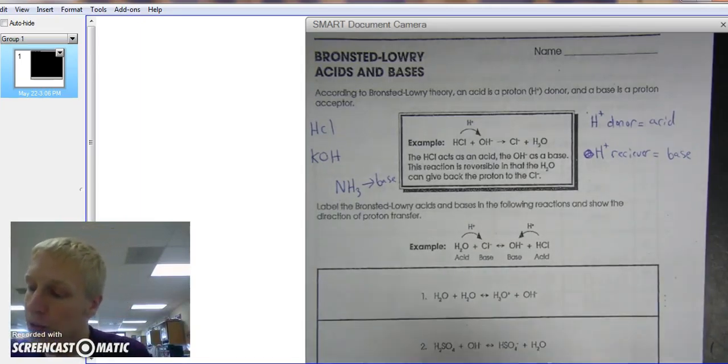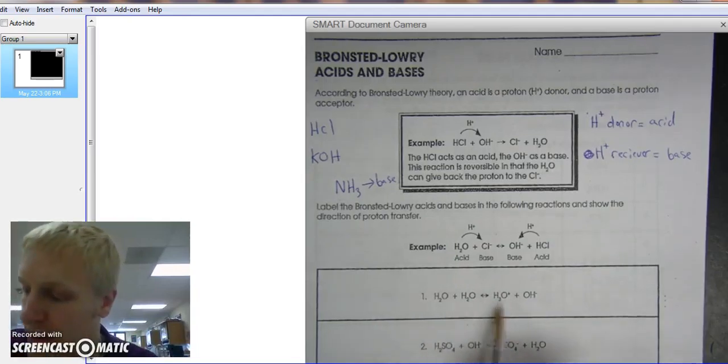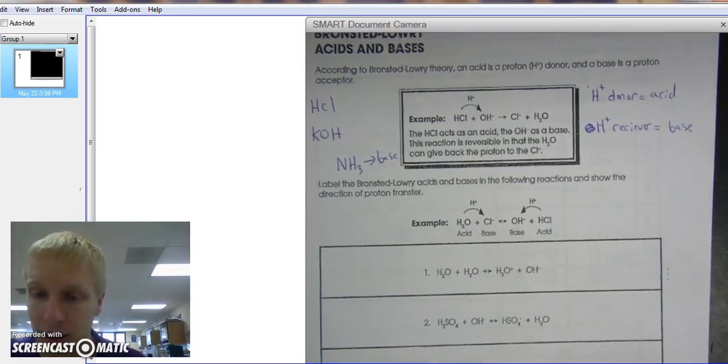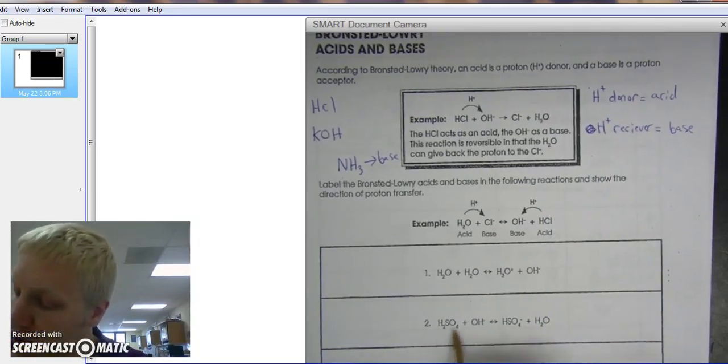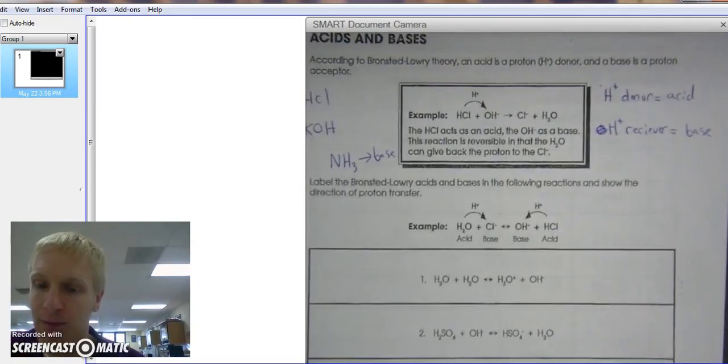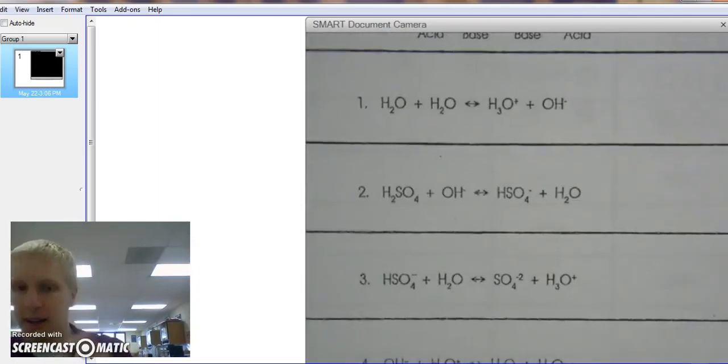Alright, so doing an example right here, why don't we start with number 2, since it's a little less confusing than number 1. Number 2, we have H2SO4 plus OH- reacts to form HSO4- plus H2O. So H2SO4 we know is going to turn into HSO4-.